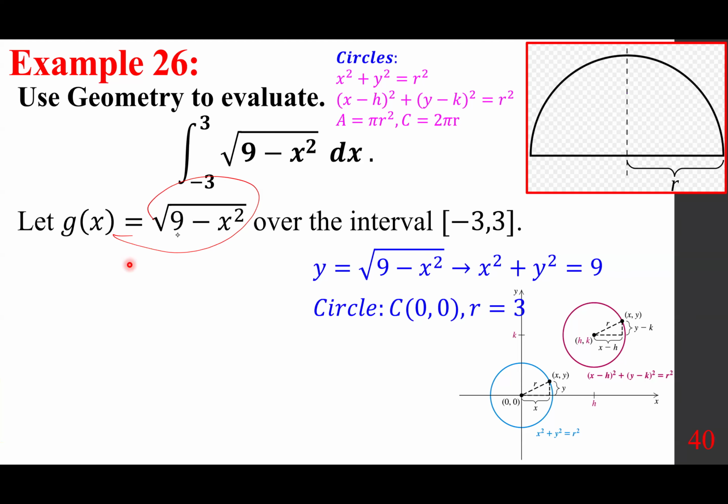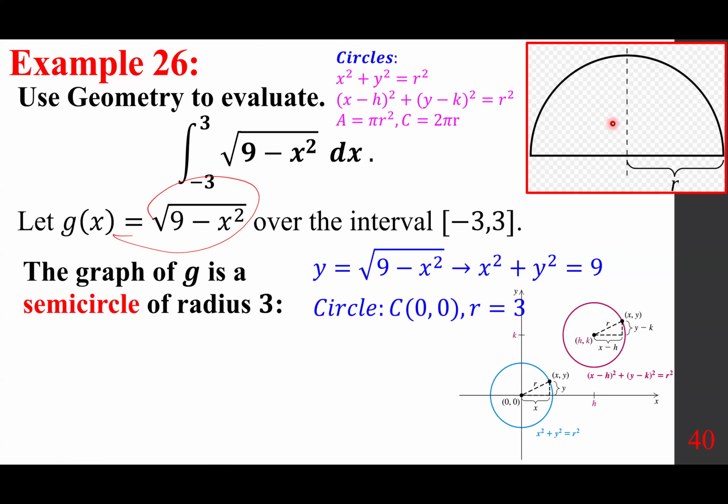It's going to go from negative 3 to 3. Therefore, we know the area is pi r squared, so pi times 3 squared for a circle, or this would be half of that. So the graph of g is a semicircle. It's important. You have to show, this is the proof that this is a semicircle.